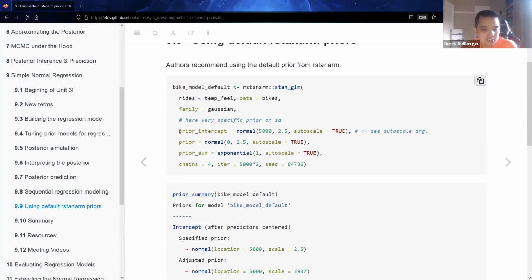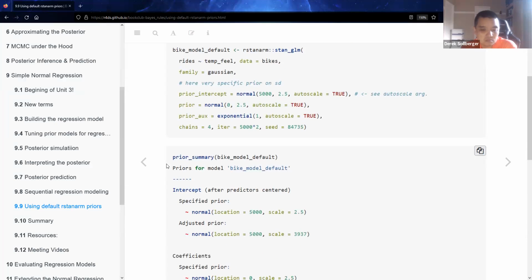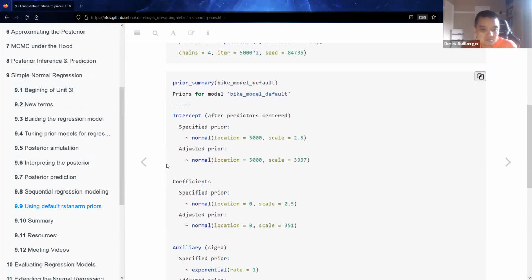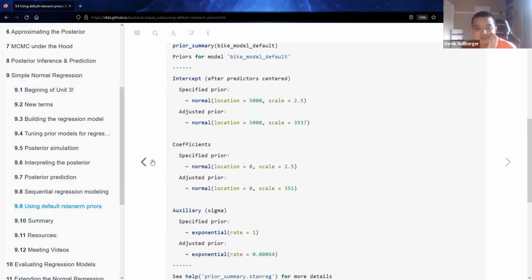As usual, there's more in the textbook, but the defaults could be used to have prior distributions for beta naught, beta 1, and the variance or the standard deviation sigma. What would happen is that, as usual, your distributions would be updated.